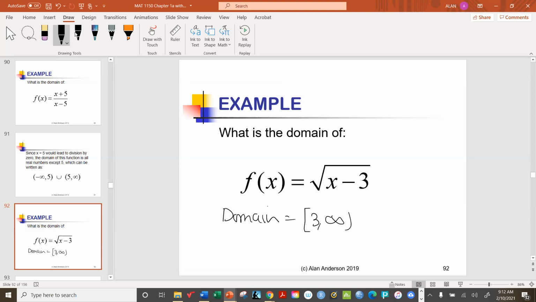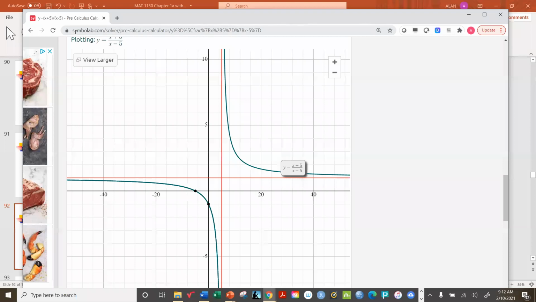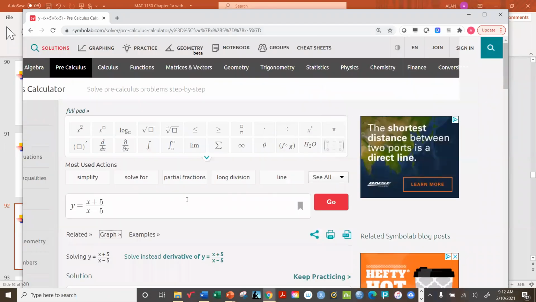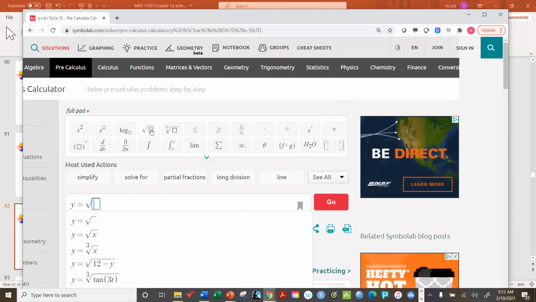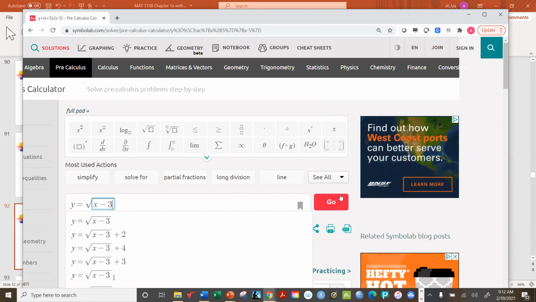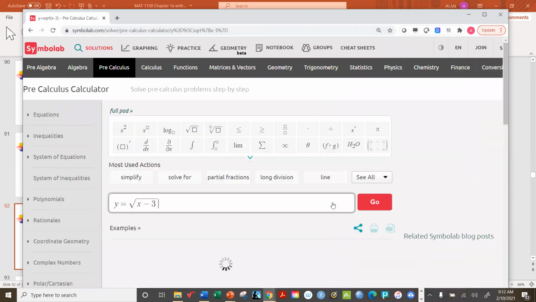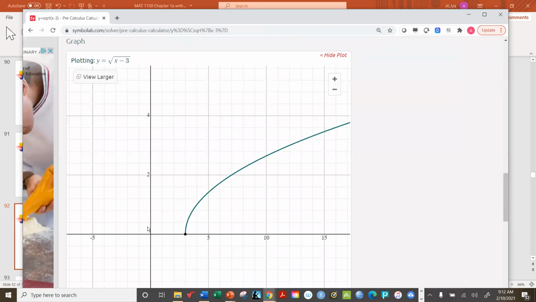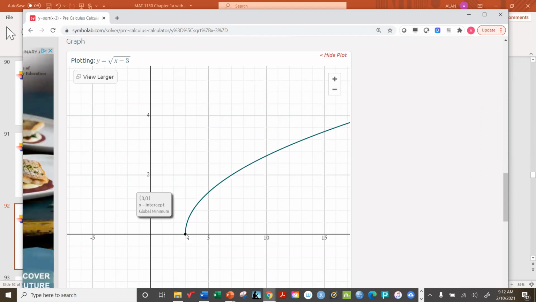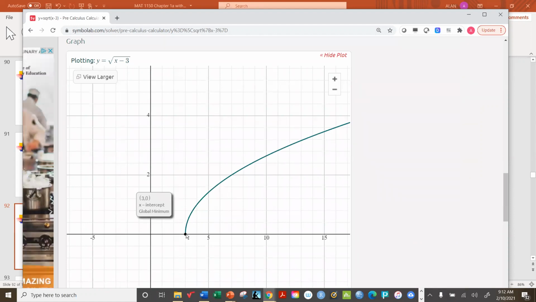All right, so let's go back here and see what it looks like. All right. So what does that graph look like? Now you see it's exactly like the square root of x, except that it breaks through the horizontal axis where x equals 3 instead of 0.